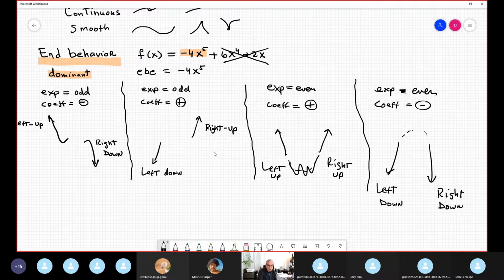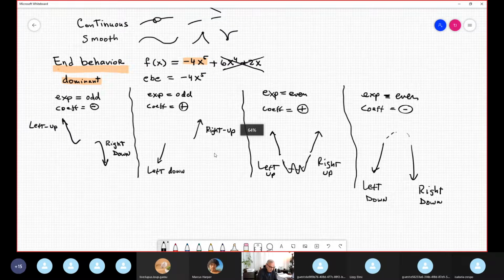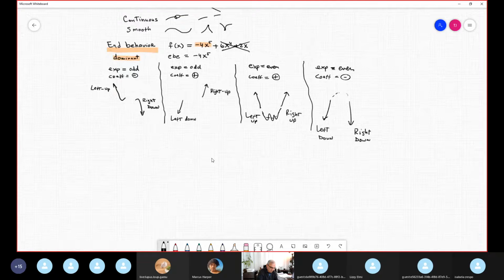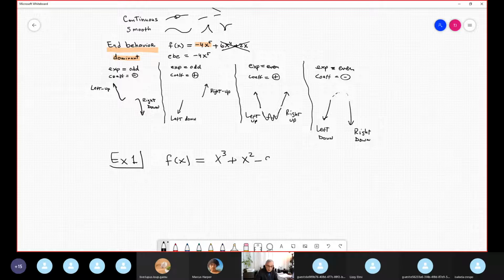Okay, let's practice a little bit. I give you examples, and you please try to classify the polynomial according to the end behavior. For example, example number 1 is f of x equals x to the cubic power plus x to the second power minus 9x minus 9.